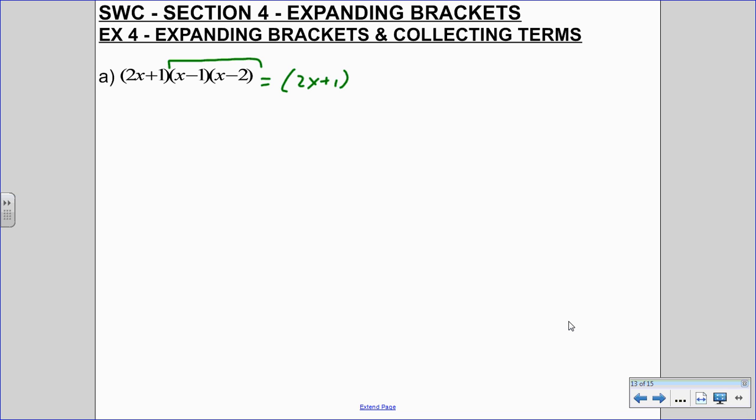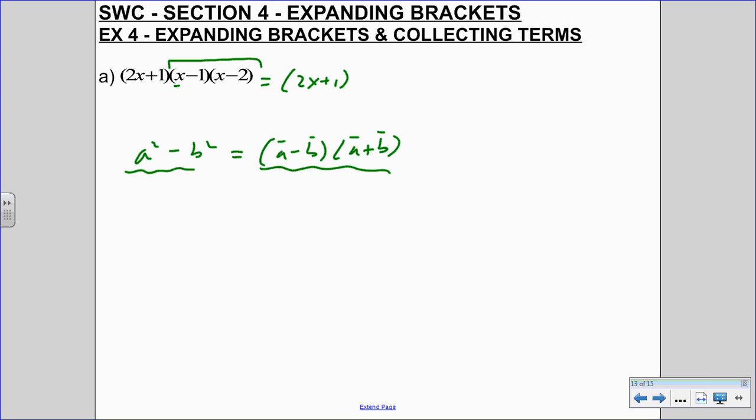If you're having trouble with expanding brackets, just remember that when you expand 2 brackets and it's not a difference of 2 squares, so remember a difference of 2 squares was a squared minus b squared, which is a minus b, a plus b, okay? This is the only time when you're going to get 2 brackets with 2 things in each one producing just 2 letters like this, 2 numbers like this.